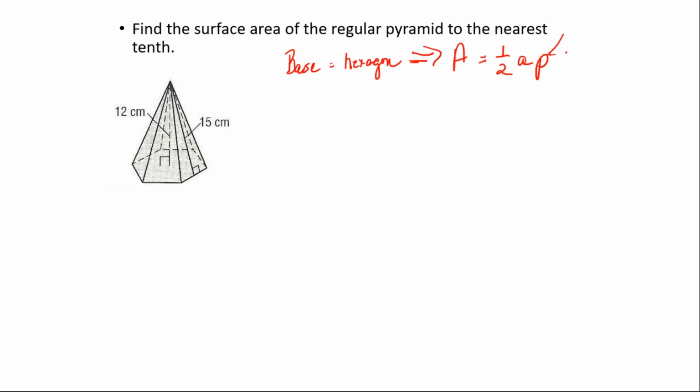I need the apothem, or perimeter. That's perimeter, same as before. But I need the apothem. The apothem is from the center to that point. That would be the apothem.